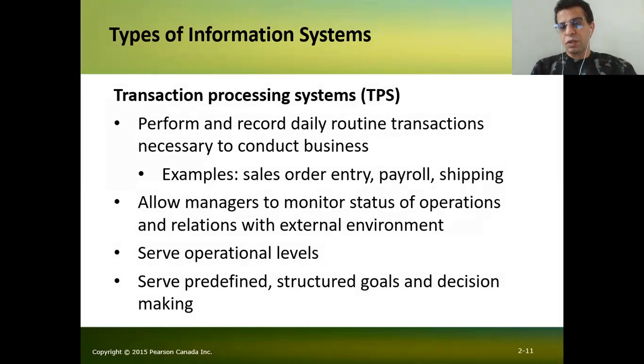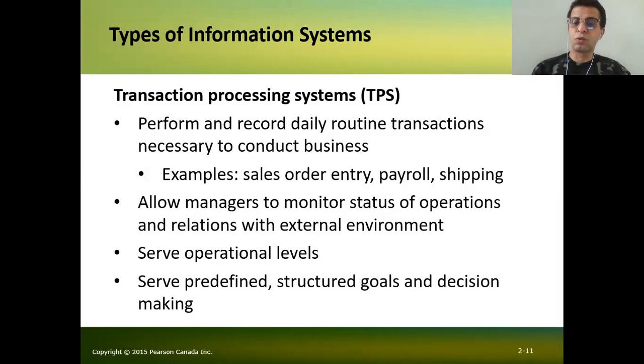Types of information systems: there is something called a transaction processing system, abbreviated as TPS. It performs and records daily routine transactions necessary to conduct a business. Daily routine transactions are, for example, sales order entries, payroll, and shipping.